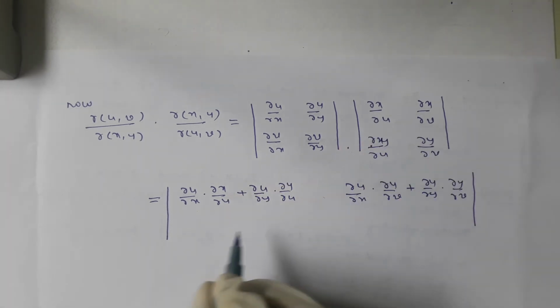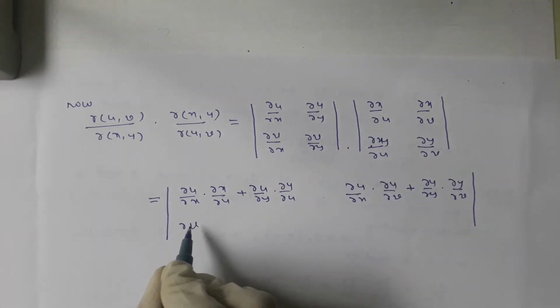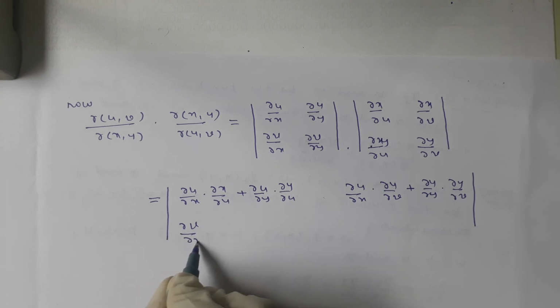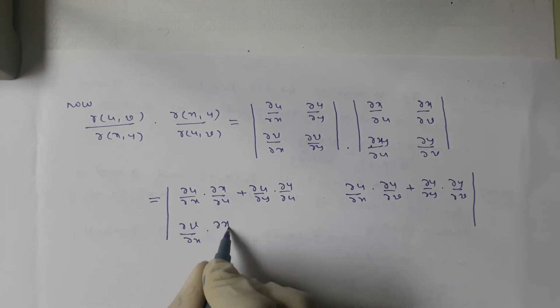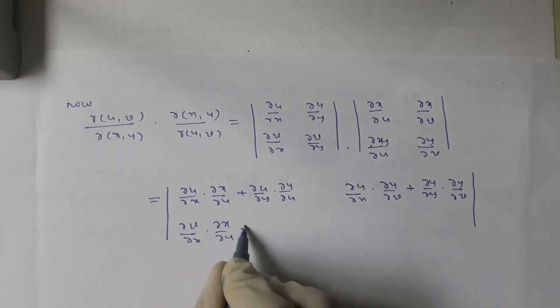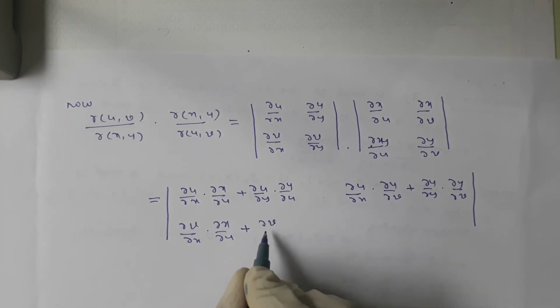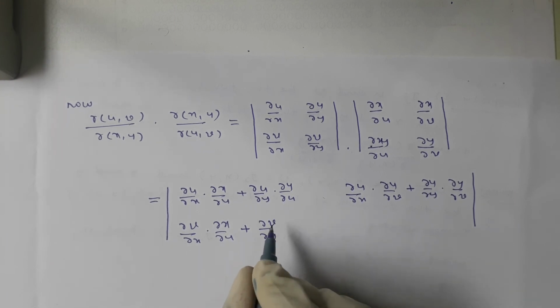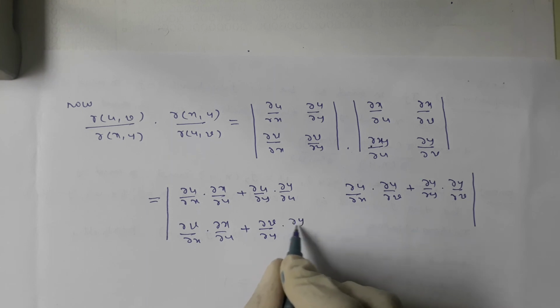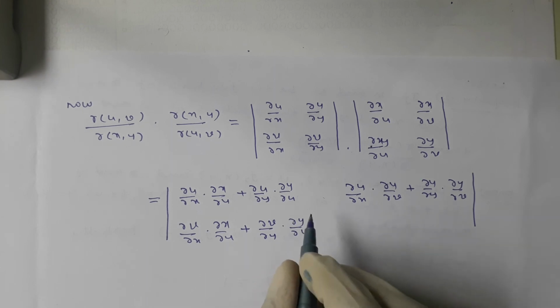Next, second row first column, it is dou v by dou x into dou x by dou u plus dou v by dou y into dou y by dou u.